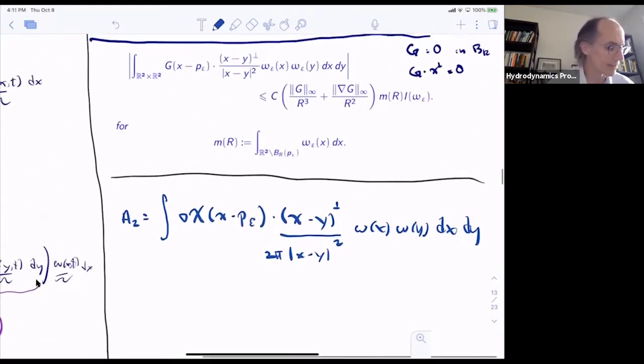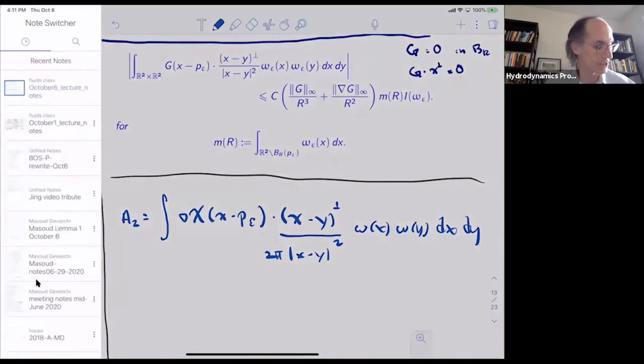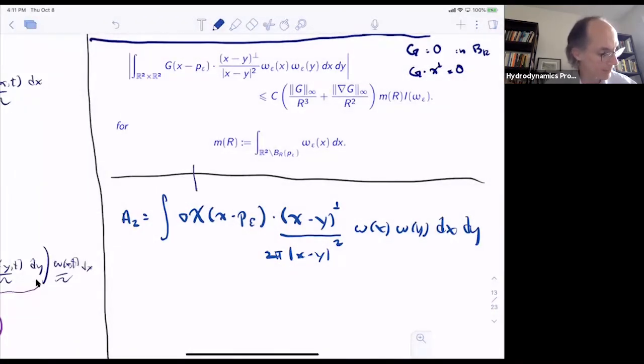And then we look up here, and we can see, up to this factor 2 pi, this has exactly the form of one of the last lemmas we proved yesterday, which concerns expressions like this, where we have a vector field G which vanishes in a ball of radius r.